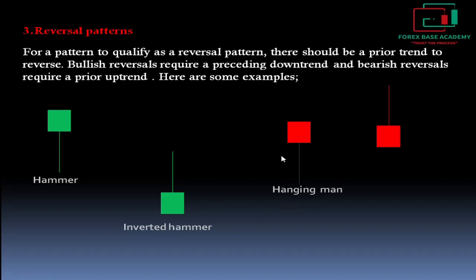Next, we have the hanging man. The hanging man is, on the other hand, a bearish candlestick pattern or a bearish reversal pattern, and when we see a hanging man, we anticipate selling because the closing price is below the opening price as seen in the diagram.